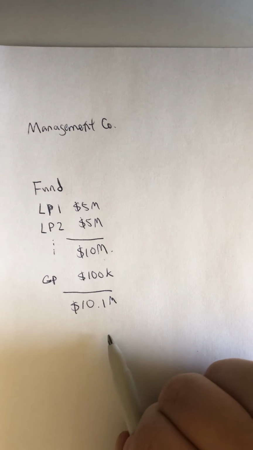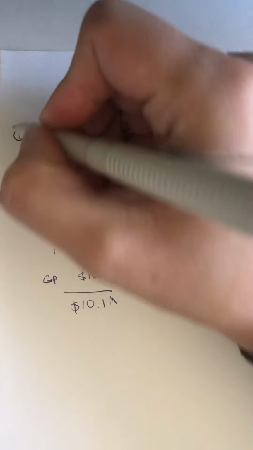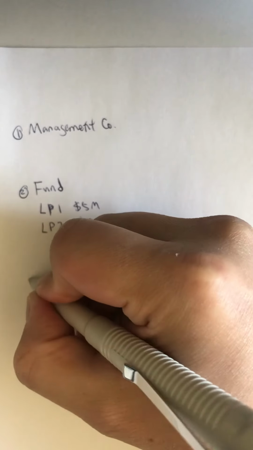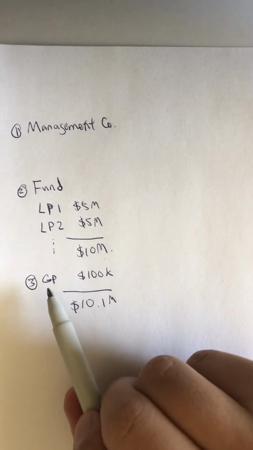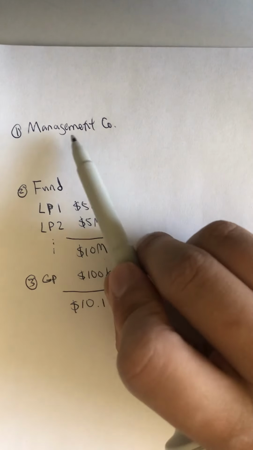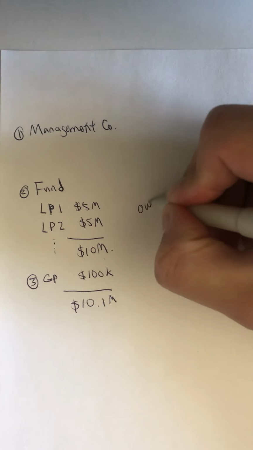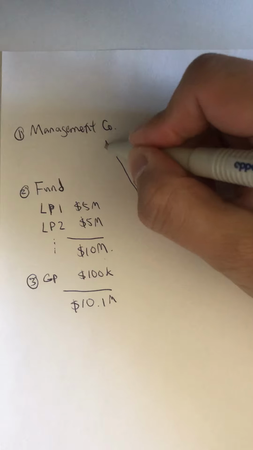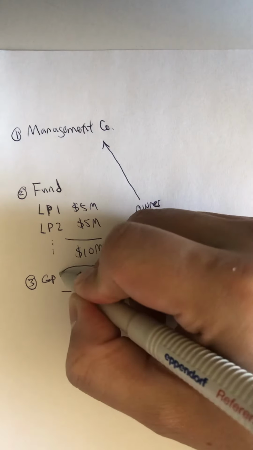in your fund. Okay, so the 3 entities are: 1, you set up a management company; 2, you set up a fund; and 3, you set up a general partnership. Notice that you are the owner of the business. You own the management company, and you own the GP entity.